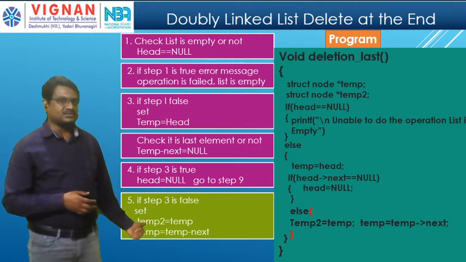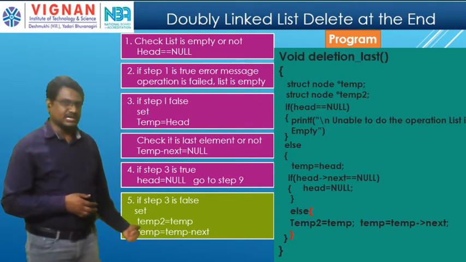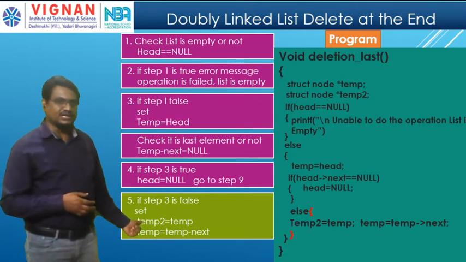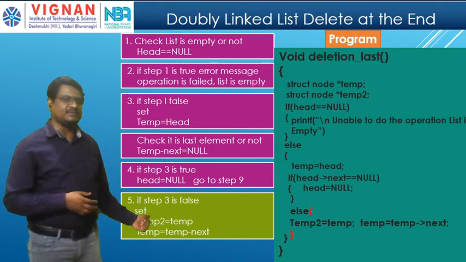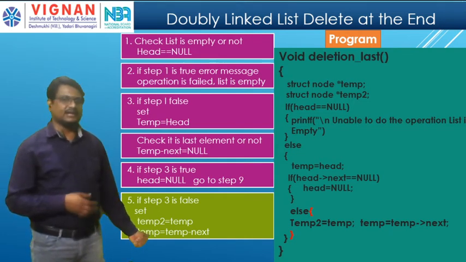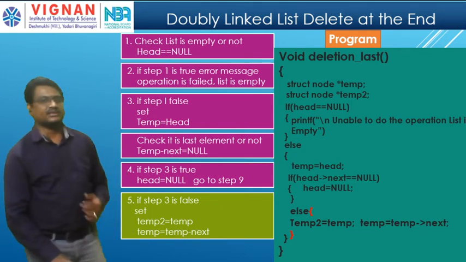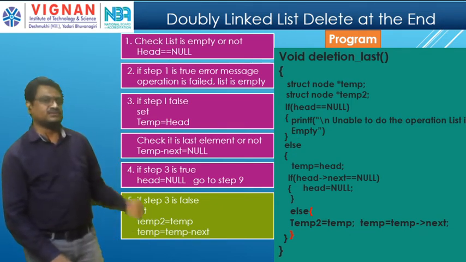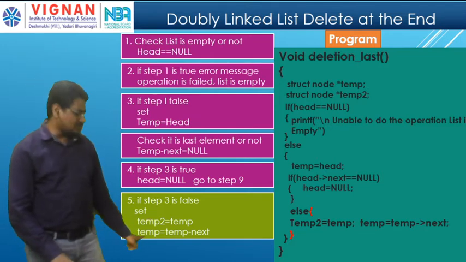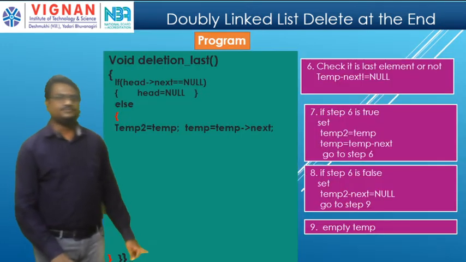Am I right? So that's why I am using this process. Here it is storing the previous element, and it is storing the current element. The current element is nothing but the last element. You can say finding the last element. So first to last, it will be stored mainly in temporary.